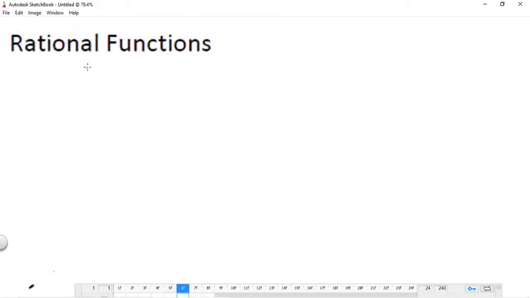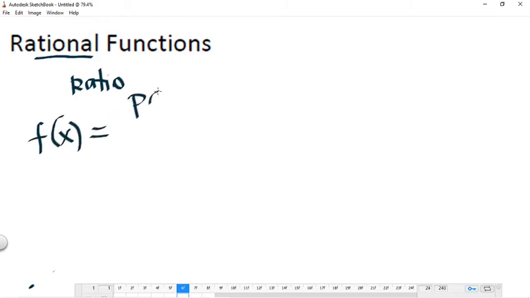The fourth type is rational function. This type refers to the ratio of two polynomials. It is in the form f of x is equal to p of x divided by q of x.